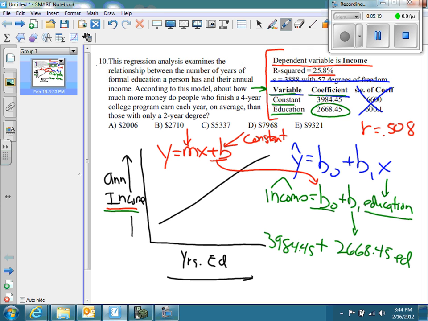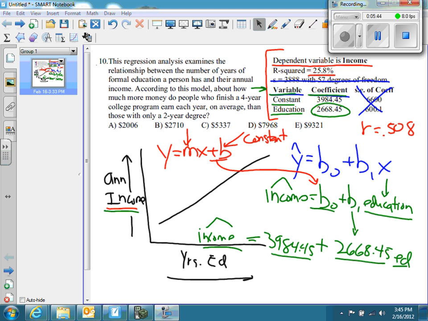So they're giving me my formula. Isn't that nice of them? Income hat is equal to 3,984.45 plus 2668.45 times the number of years of education.